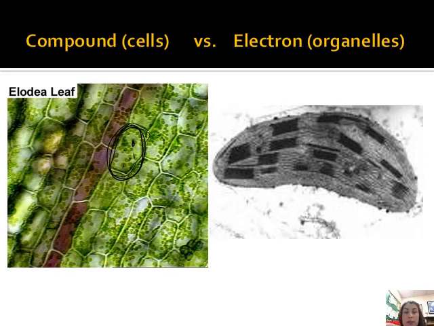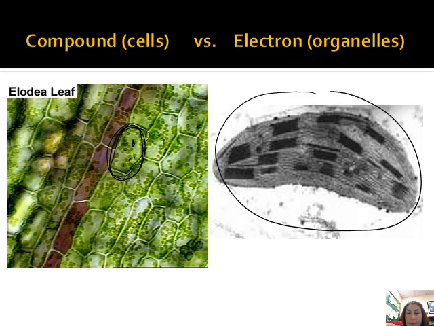To compare the images of a compound microscope to the images of an electron microscope, this one structure is one of these tiny little chloroplasts. So again, the purpose of the compound microscope is to allow us to look at the cells. The electron microscope is going to allow us to look at further detail, increase the magnification, and now look at the details of the actual organelles.